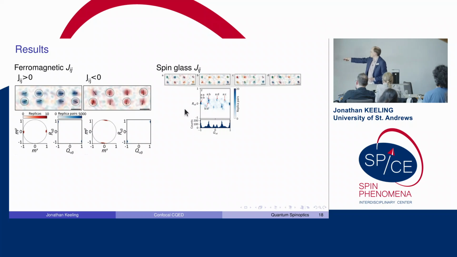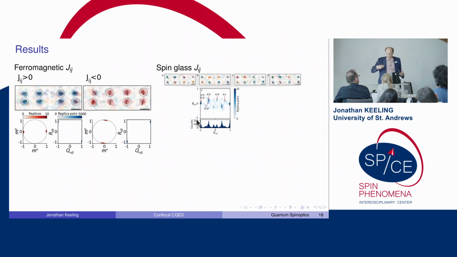And then what's being shown down here is from running that many, many times, you can build up experimentally the distribution of overlaps between different replicas. So this is a direct experimental probe of the replica distribution and therefore a direct experimental probe of replica symmetry breaking. So this picture down here is kind of the thing you would directly want to see in an experiment to see replica symmetry breaking.